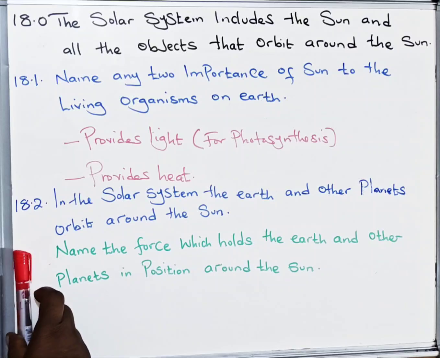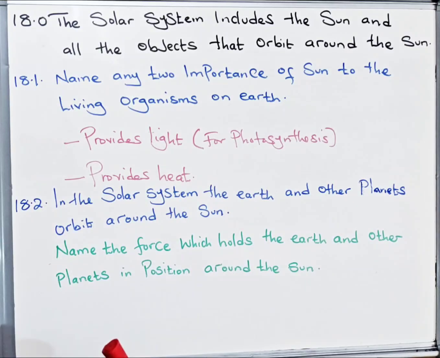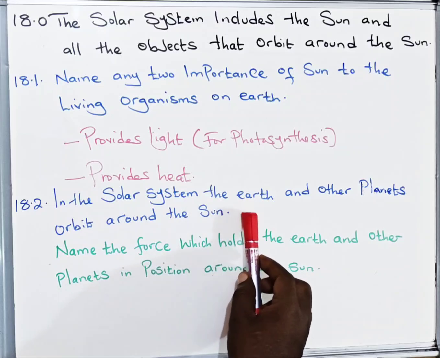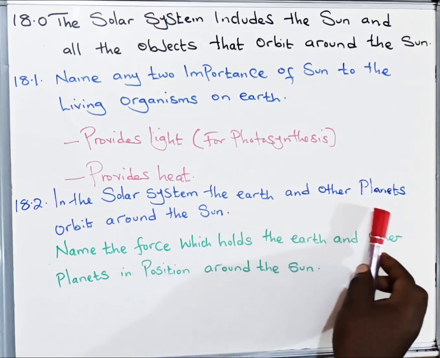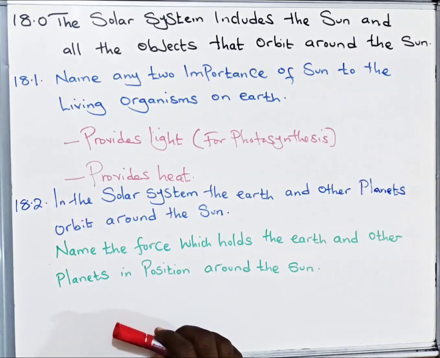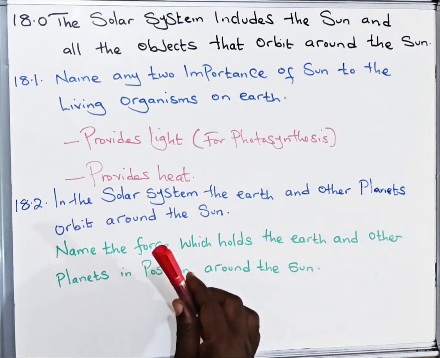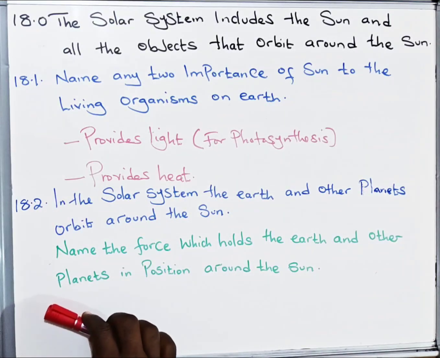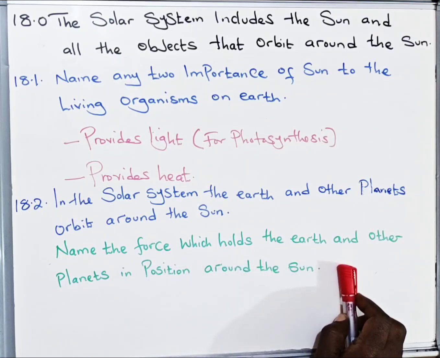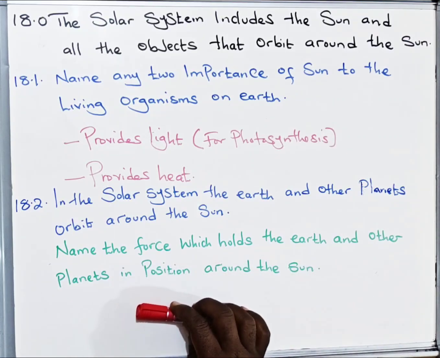Then we come to this question. It says that in the solar system, the Earth and the other planets orbit around the sun. Then the question says, name the force which holds the Earth and the other planets in position around the sun.